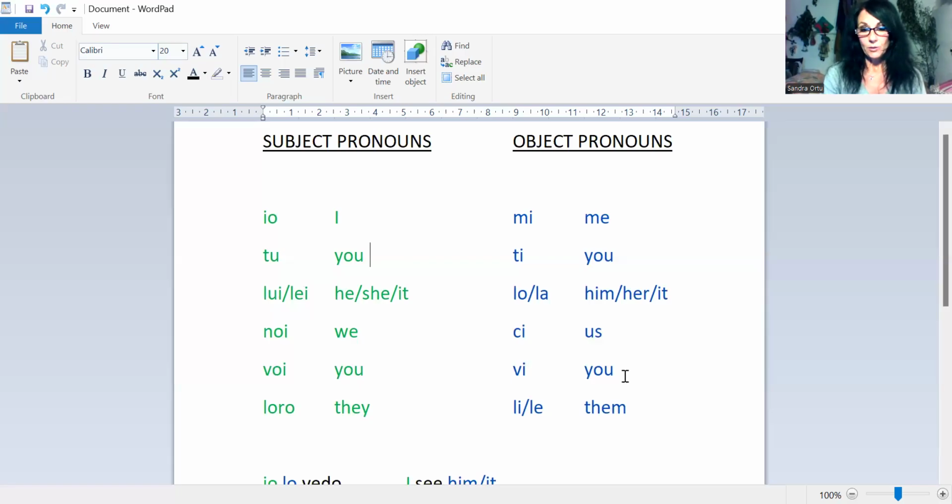So you have to be careful when you're translating. And I mentioned that many, when I mention noi, they say us instead of we. So be careful of that. You need to be precise because you can end up making mistakes.